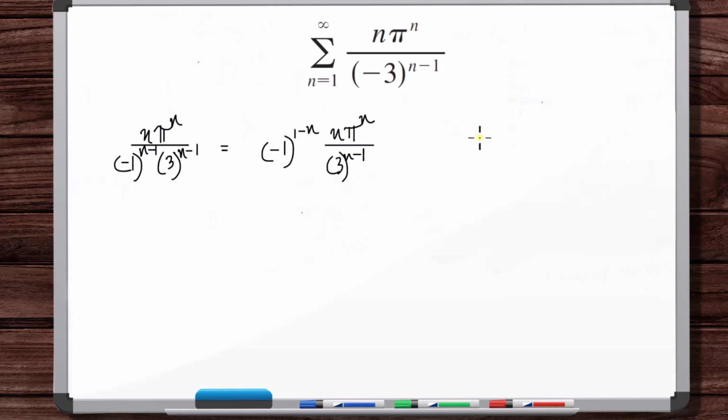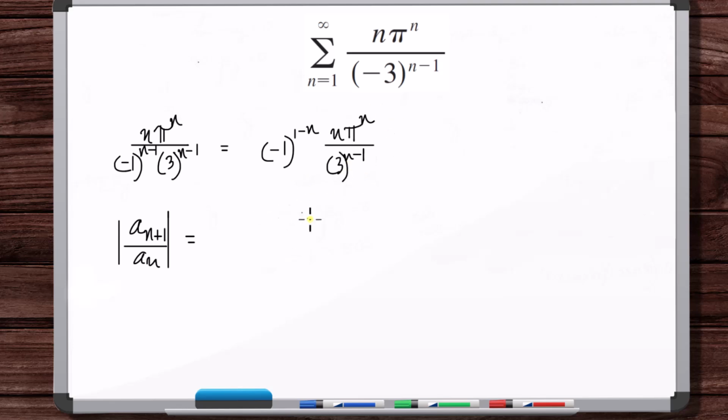So therefore, the absolute value of a sub n is just this.